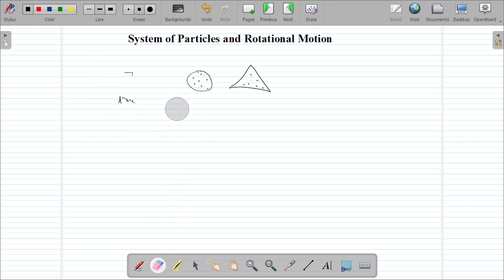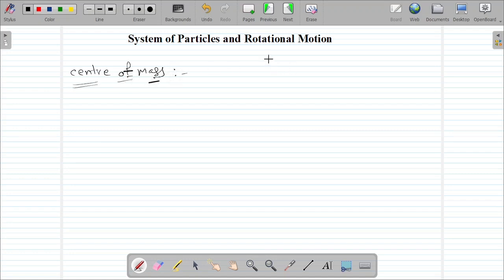So what is meant by center of mass? What are you thinking about center of mass? For example, let's consider a circular, spherical body. I will tell the definition first.